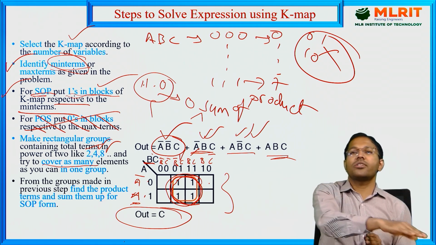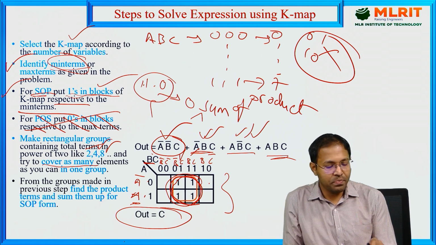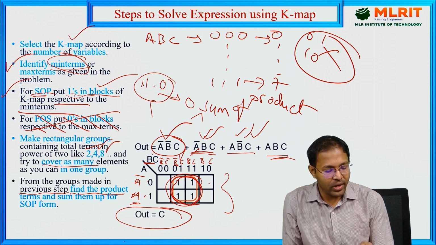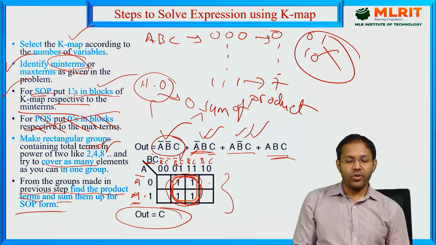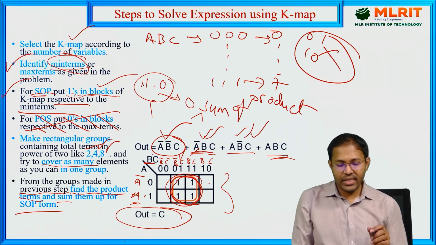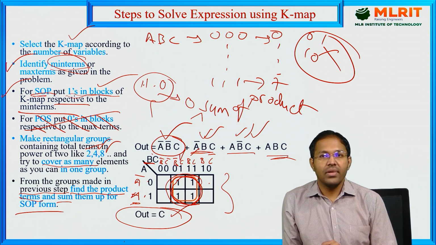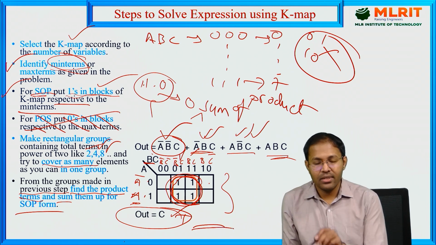If it is not possible, then only we'll go for 4. Then from the groups made in the previous step, find the product terms and sum them to get the sum of product term. Here, if you see, there is only one term. If we had some more terms, we could write plus and then those terms.